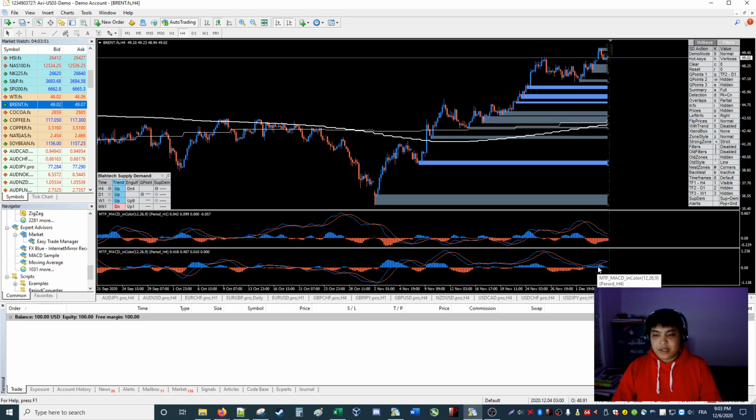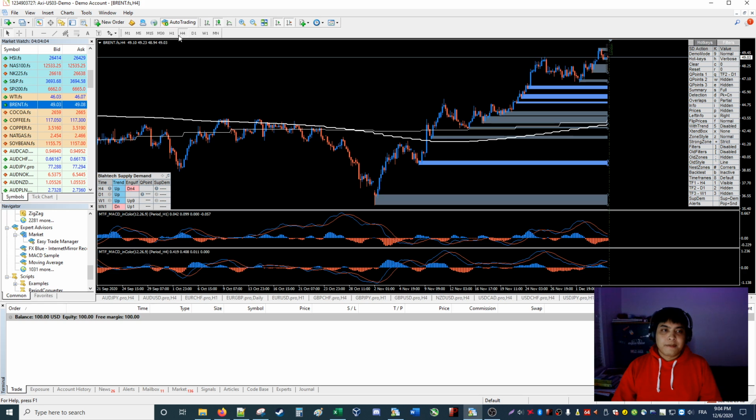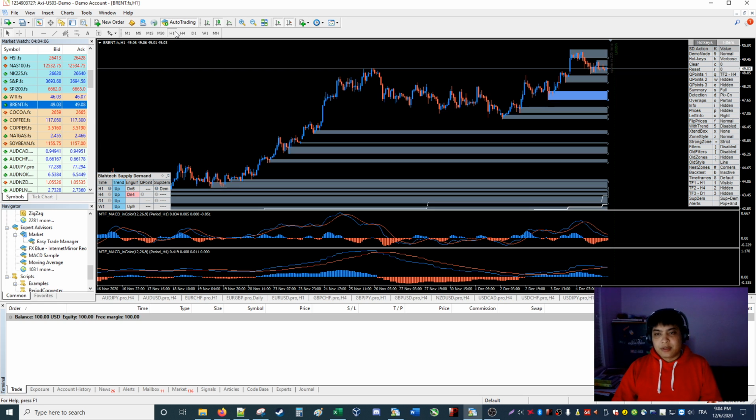We have divergence on H4 and divergence on H1 as well. So on multiple time frames, I don't know. It could be a stop or a continuation.